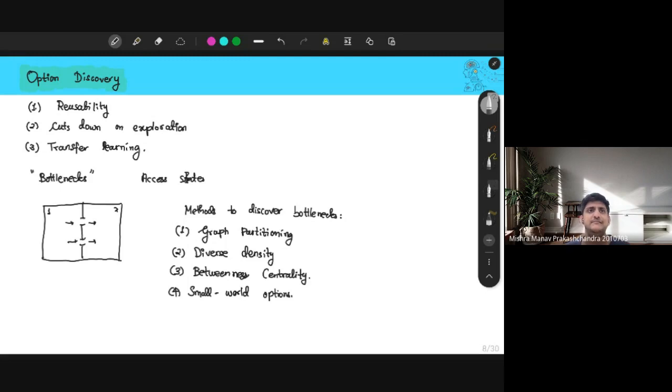So breaking down into small world options can also help in detecting a good option or the corresponding bottleneck states. With this we cover entirely what the professor had to cover in the hierarchical reinforcement learning section pertaining to this course.